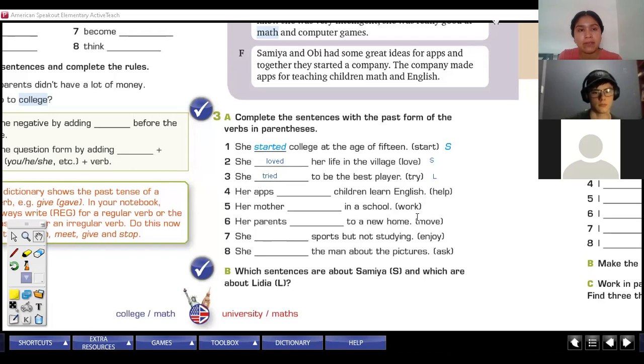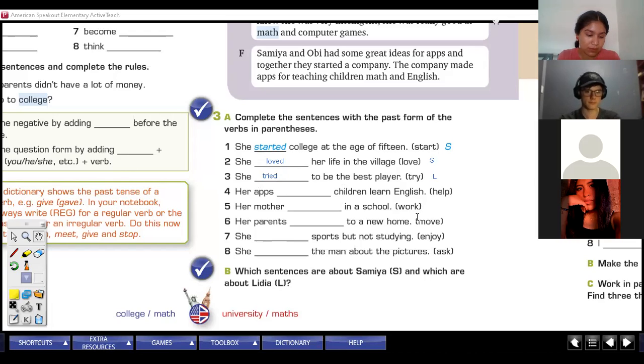Okay, number four. Brenda, can you help me with that, please? Her apps helped children learn English. Okay, so helped. And this is about Samia or Lydia?